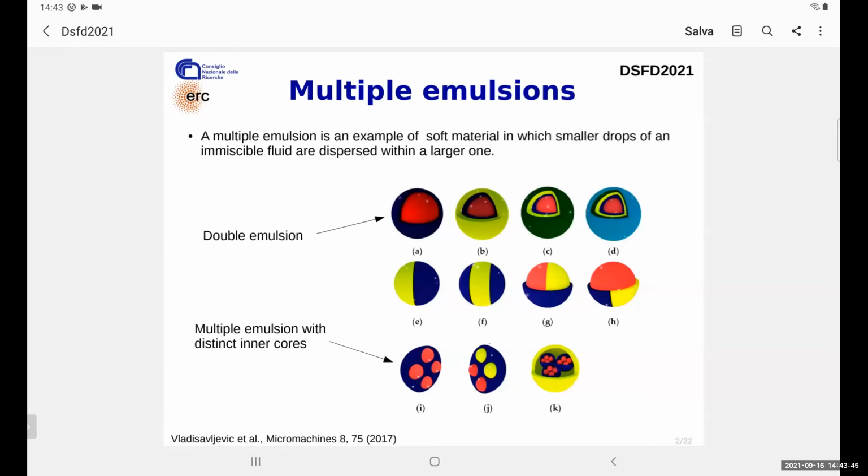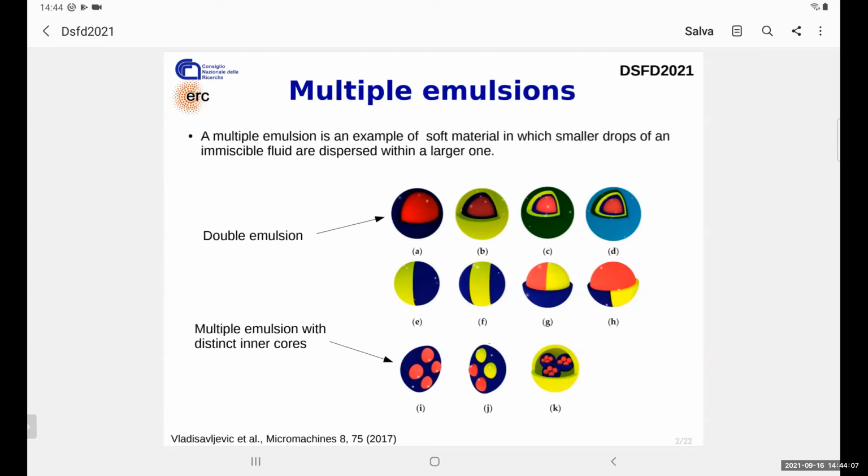In the figure on the top left, you see the simplest example of a multiple emulsion, a double emulsion. Typically you would have a red core, which can be water, surrounded by a layer, which can be oil, and then in turn immersed in a further continuous phase, which can be water. So you would have water, oil, water emulsions.